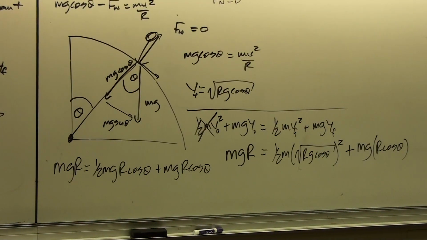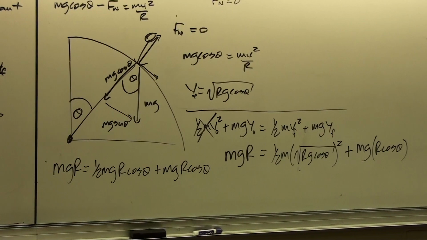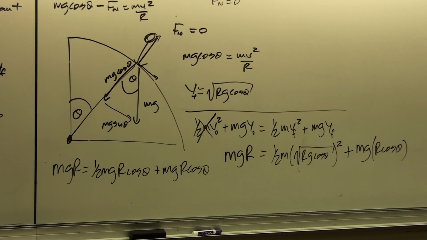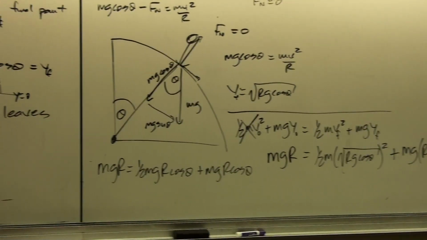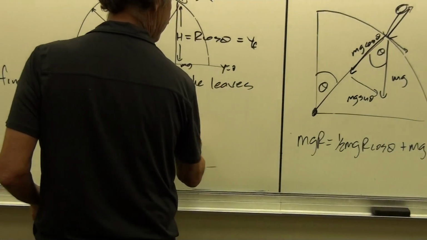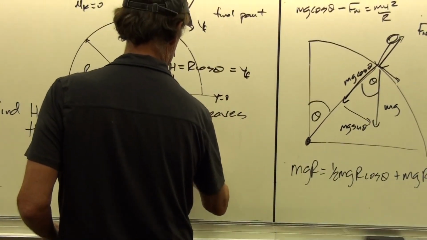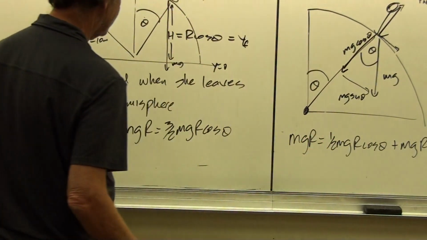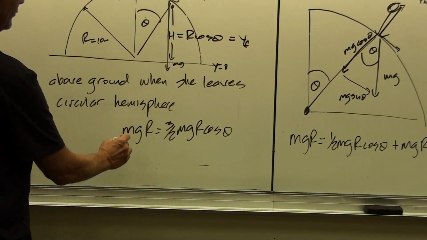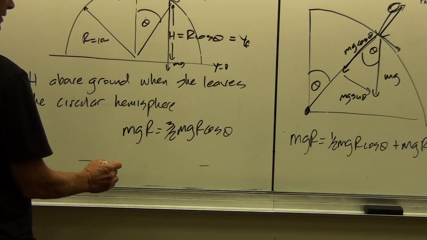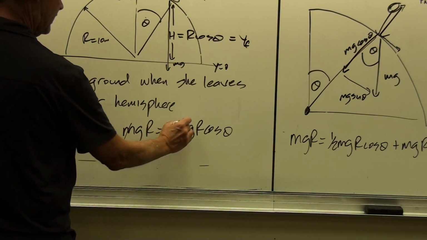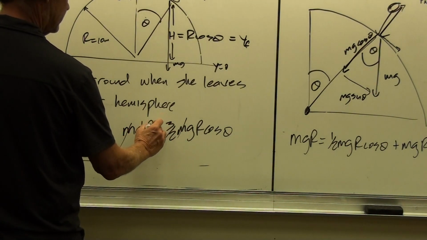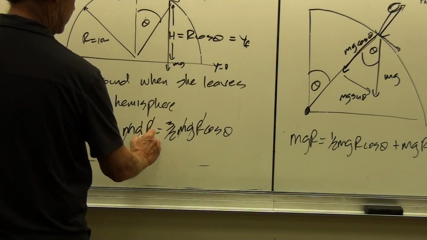Everything now is in terms of mgr and cosine theta, but look at what's happening here. The whole mgr thing is going to cancel. So we get mgr equals 3/2 mgr cosine theta. I could have canceled out the mgr in the previous step, but I'm waiting to do that here. So the m's cancel, the g's cancel, the r's cancel.